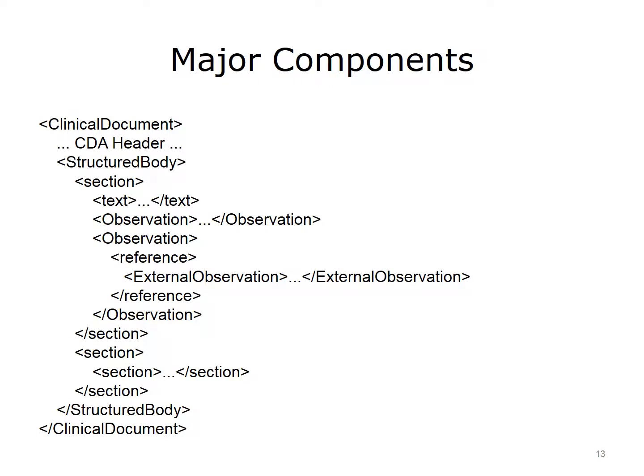Slide 13. This slide shows the major components of the CDA with the XML tags in place. Creating an XML by hand will consist of putting in the specific tags, data names, and the data. Sections would be repeated as necessary.